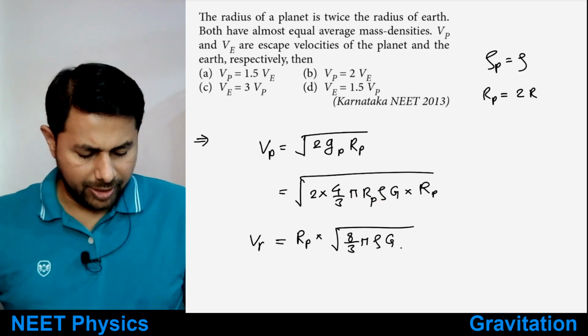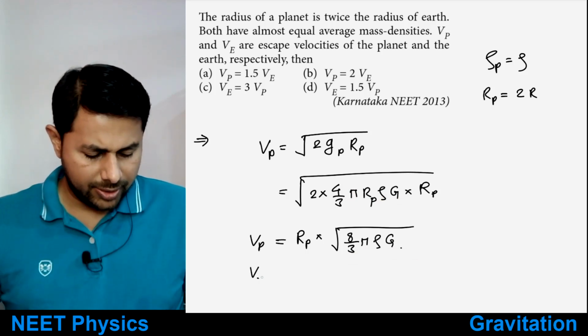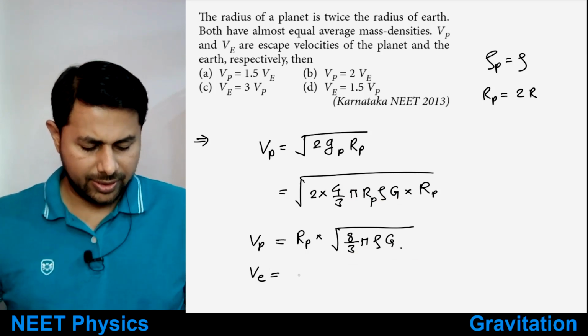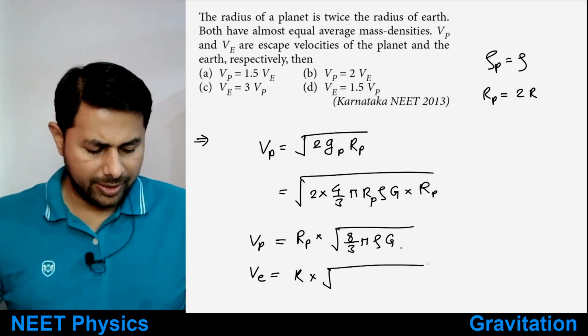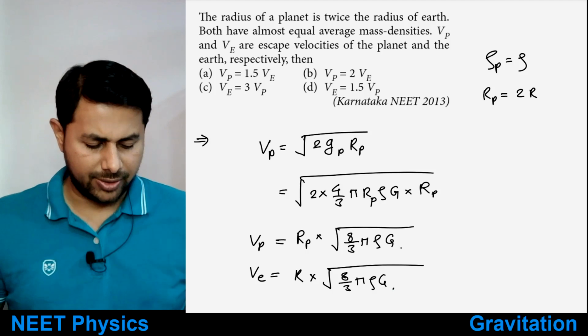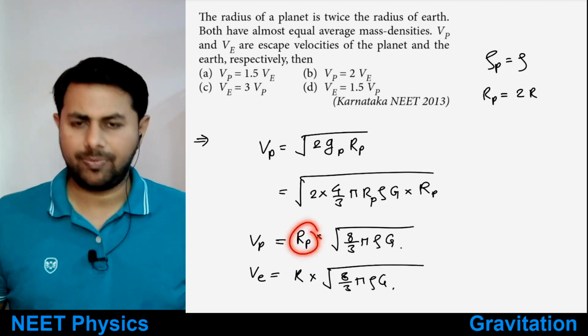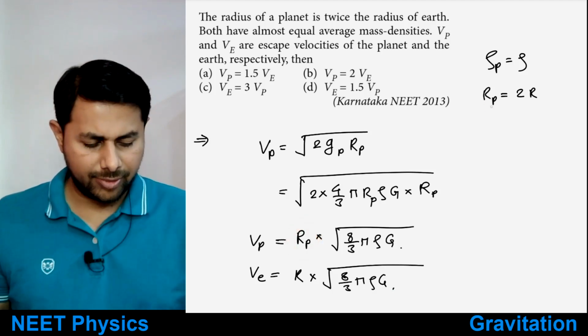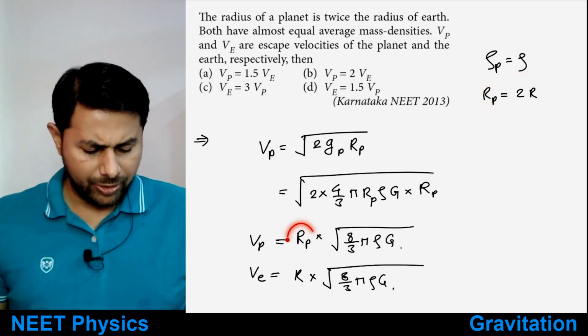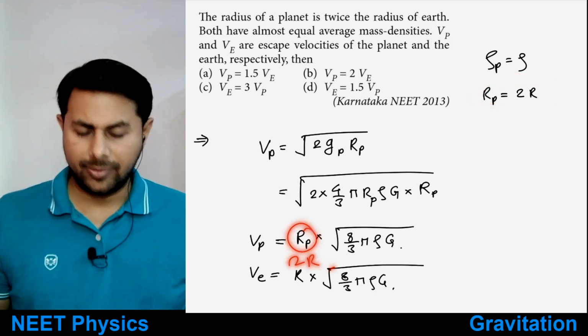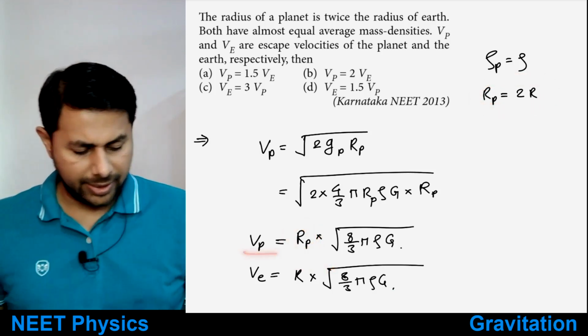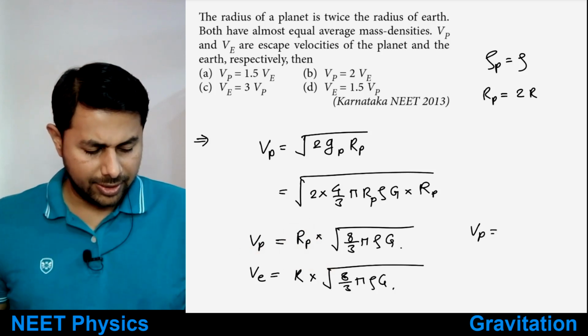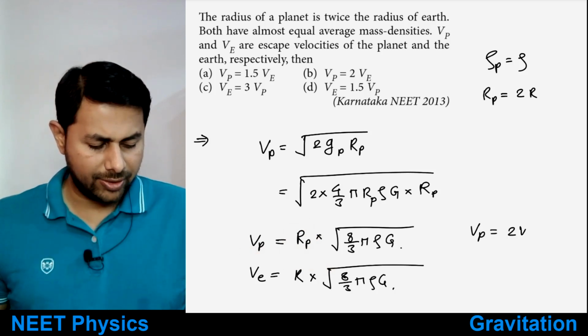Then this is Vp. For Earth it will be what? Ve is r multiplied by the same thing, 8 by 3 pi times rho g. And how much is the radius of planet? It is twice the radius of Earth. You can put it over there, 2r. So that means the escape velocity on the planet is just equal to 2 times the escape velocity on Earth.